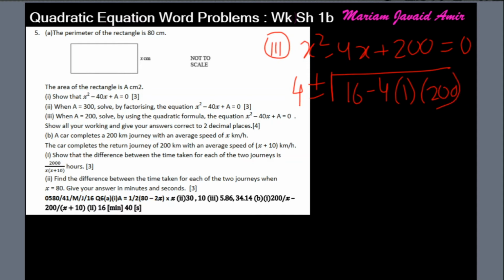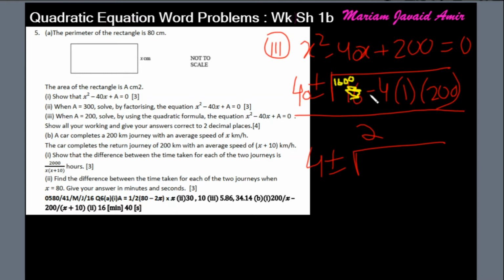A is 1, c is 200, over 2a, so 2 times 1.